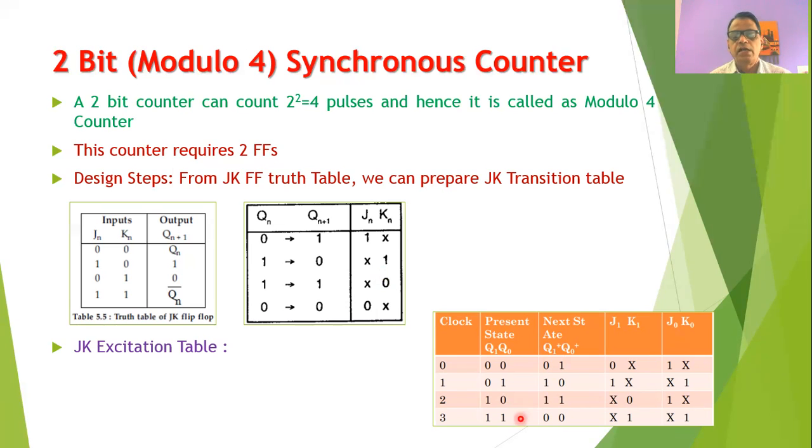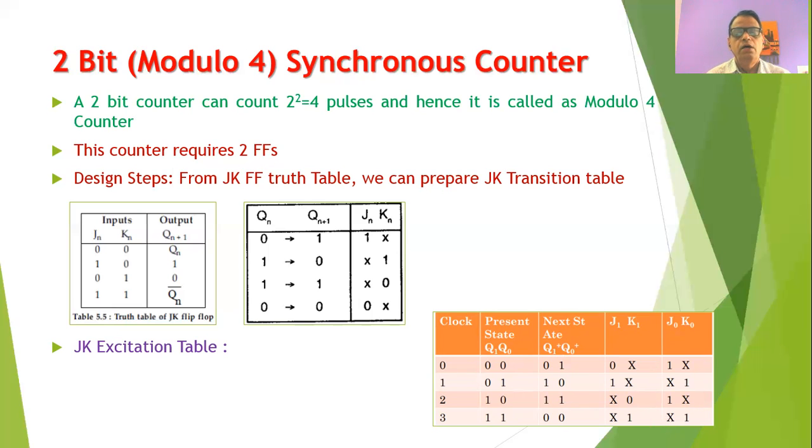And there is a transition of 0 to 1, and therefore we will make an entry 1x for J0, K0. When the third clock pulse is applied, the present state will be 1, 1, and the next state will be 0, 0. And therefore there is a transition of 1 to 0 for both the flip-flops, and therefore we will make an entry x1, x1 in the columns of J1, K1 and J0, K0.